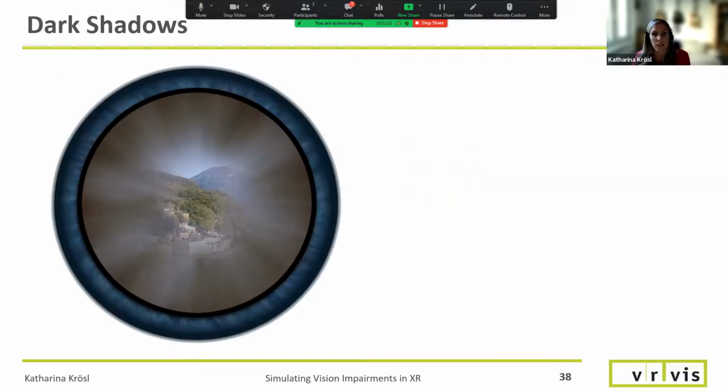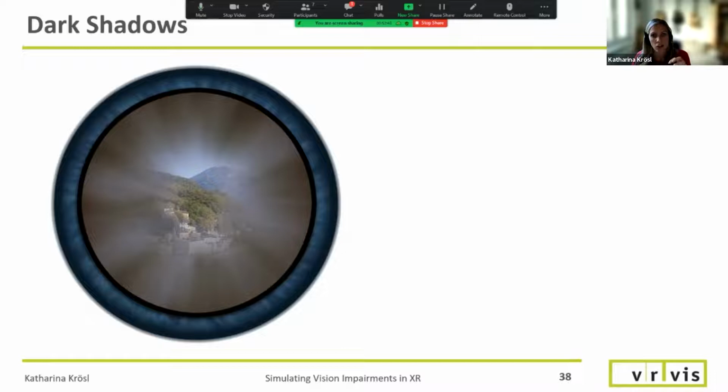So we essentially use a shadow texture to darken the periphery and use eye tracking to move this effect with a user's gaze. And this here is just an illustration of an eye with these shadows.